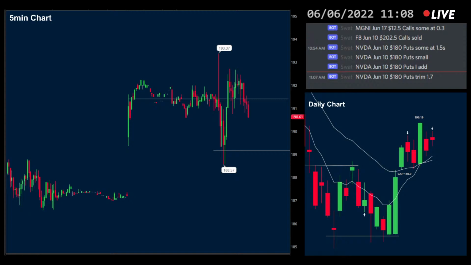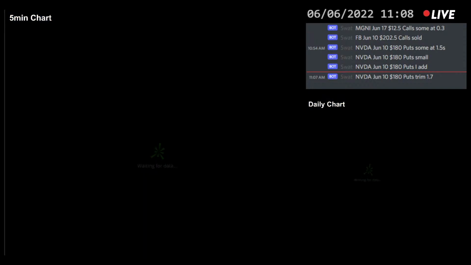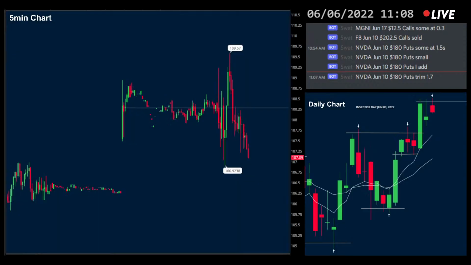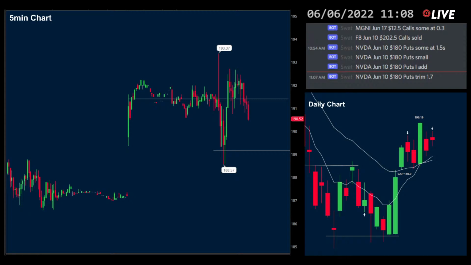Let's see, AMD into the lows. NVIDIA chasing the move down also. Come on guys, we need it down.